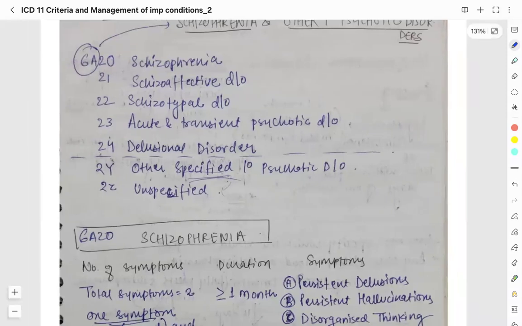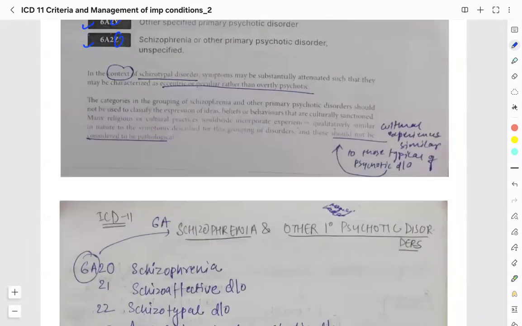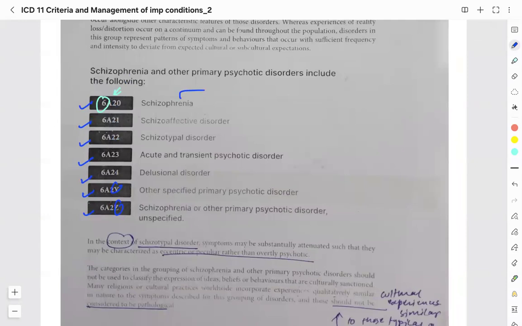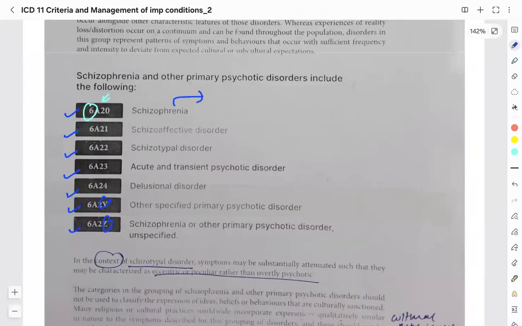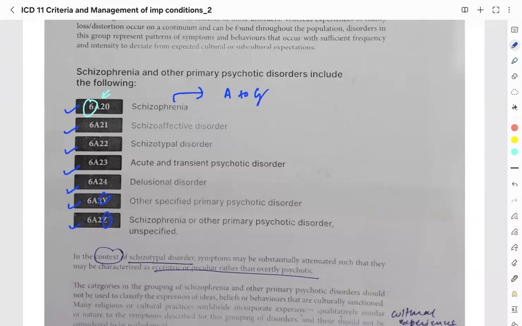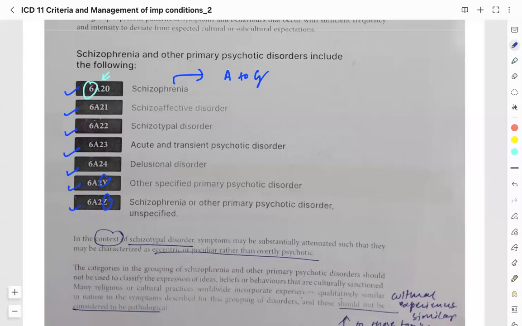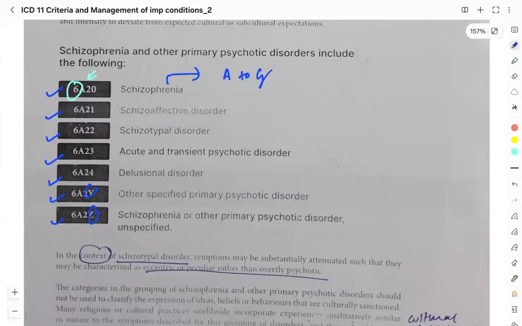All right. So, could any of you remember any of the criteria of schizophrenia? I'll give you a hint: it is from A to G. Generally, if for 1 month you have psychotic symptoms, like persistent hallucination, especially auditory, delusion or thought disorder, those are the major symptoms.